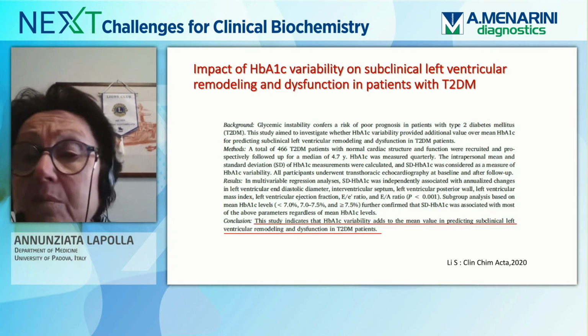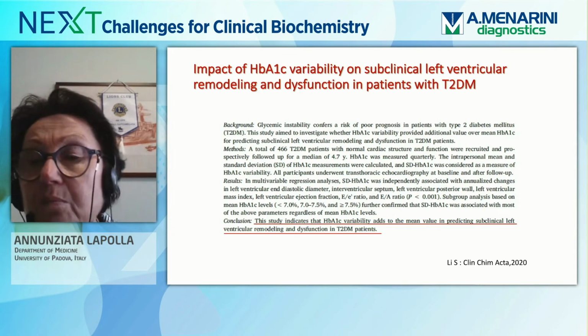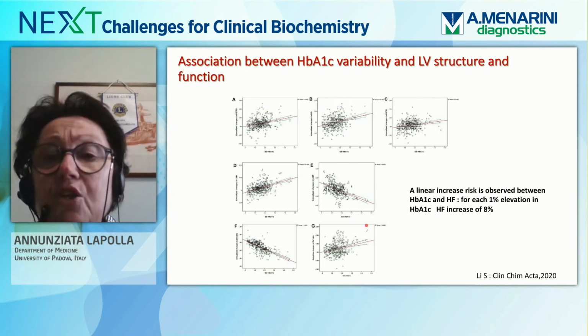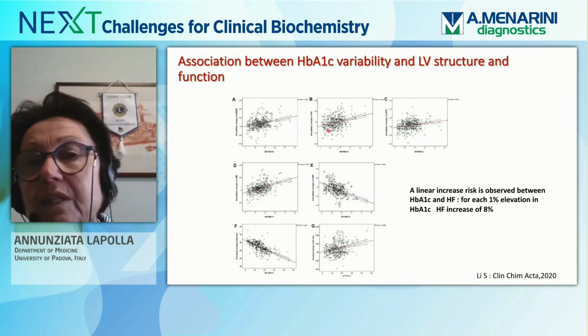And what has been demonstrated is that there is a strict relationship between these two parameters. In fact, for each 1% elevation of HbA1c variability, left ventricular dysfunction increased by 8%.